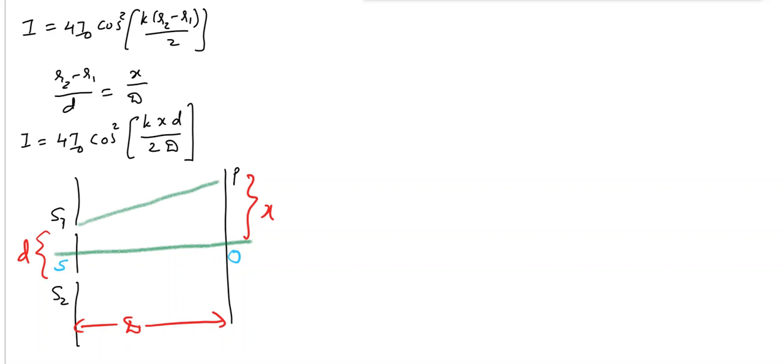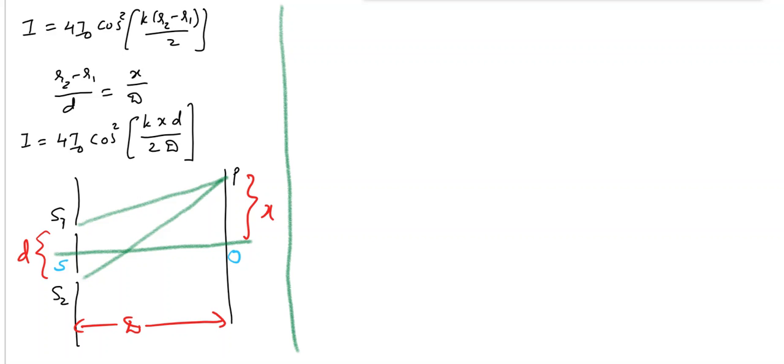Then what will happen at point P, whether I'll have a dark fringe or a bright fringe occurring there? That is what we are trying to find out here. Earlier we had the condition for constructive and destructive interference, but that was in terms of R1 minus R2, in terms of path difference. Now we'll find it out in terms of x.